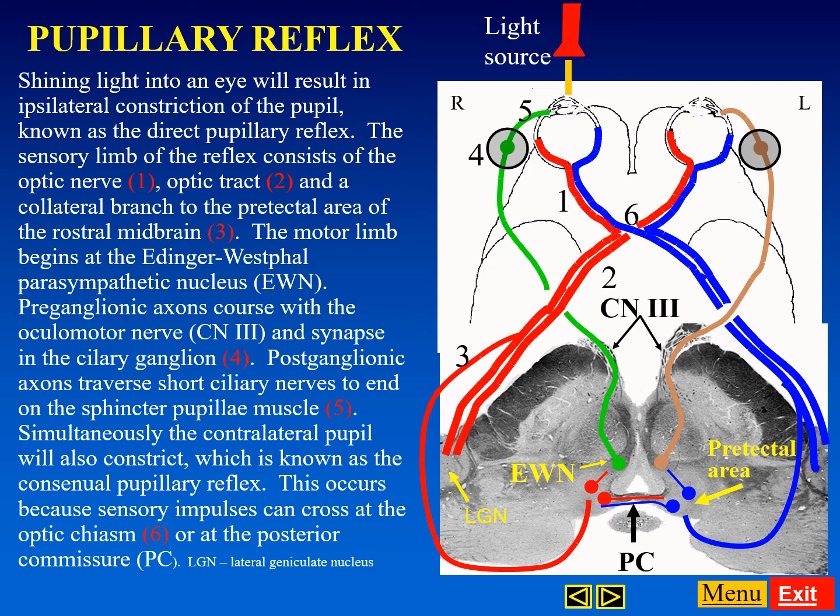We'll first look at the direct response. We shine light in one eye. The receptors in that eye, in this case the right eye, are stimulated.